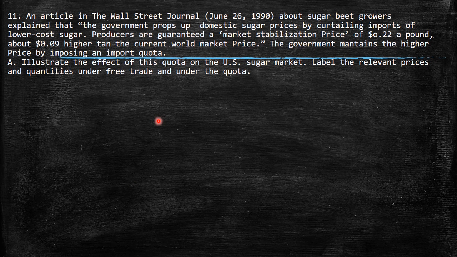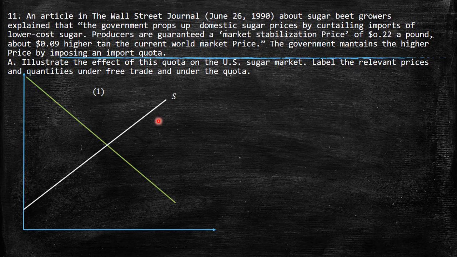The government maintains the higher price by imposing an import quota. So A: illustrate the effect of this quota on the US sugar market, labeling the relevant prices and quantities under free trade and under the quota.